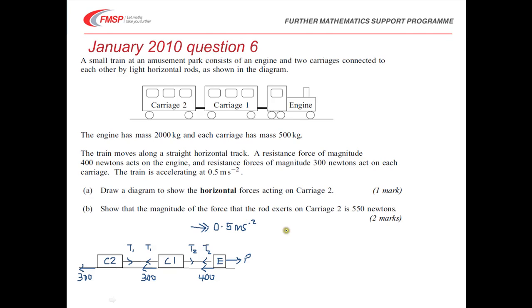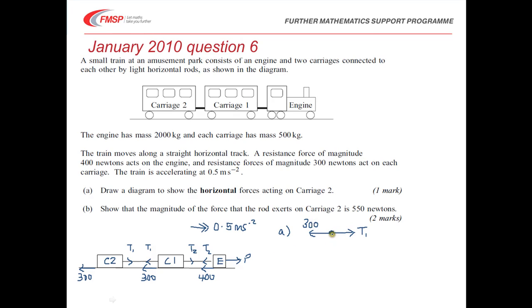So in part A it said, draw a diagram to show the horizontal forces acting on carriage 2. So if we have carriage 2 here, then basically I have a force this way which I've called T1, and we've got this resistance force of 300.